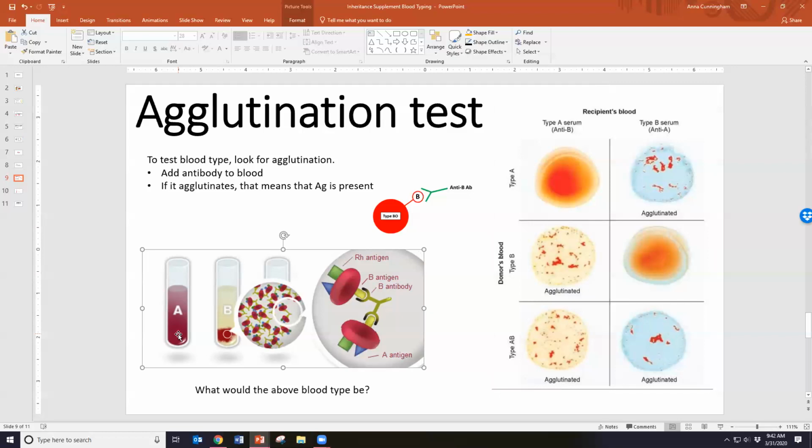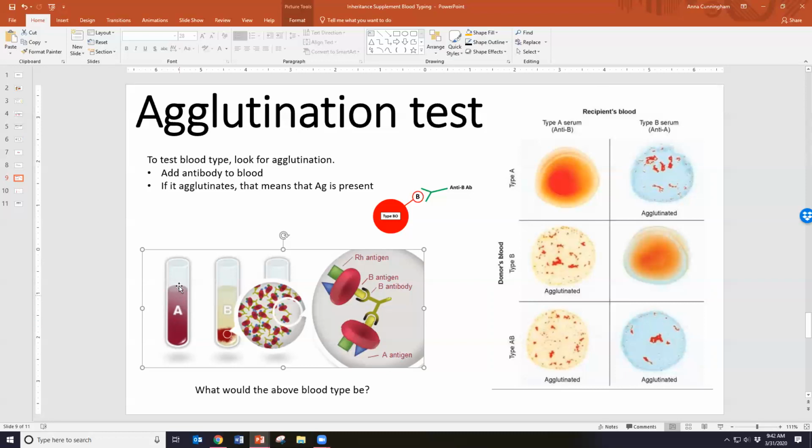So you can see what happens if you look in these two test tubes, this A test tube and this B test tube, right? What you would do is put the unknown blood in here, and the A and B would indicate what kind of antibodies you're adding. So let's say that in this tube, we put the blood in and we added anti-A antibodies. And you see that the blood is still consistently red. Those red blood cells are still suspended.